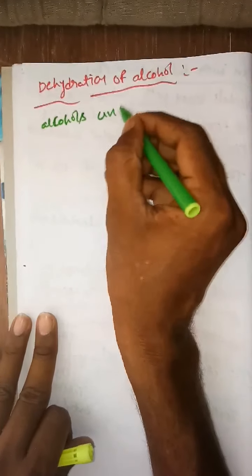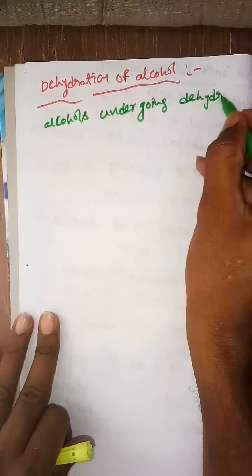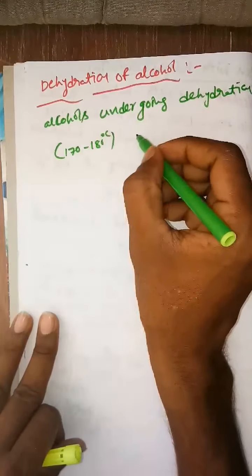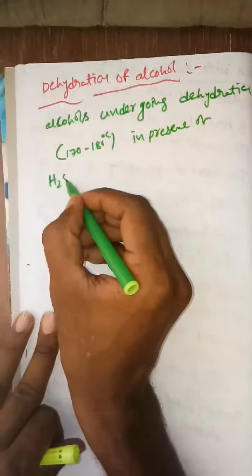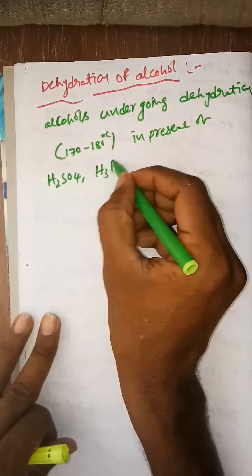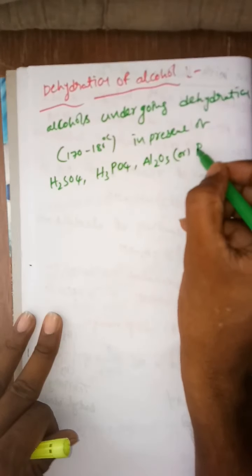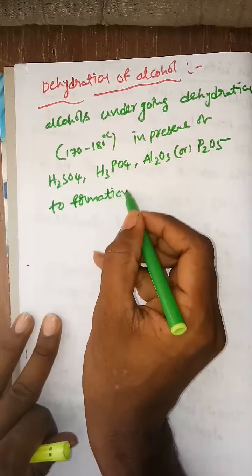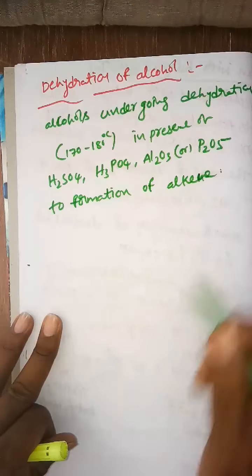Alcohols undergo dehydration at 170 to 180 degrees Celsius in presence of H2SO4, H3PO4, Al2O3 or P2O5 to form alkene.